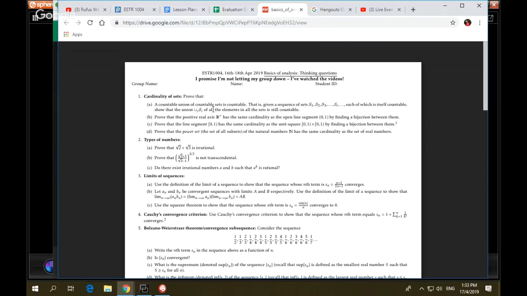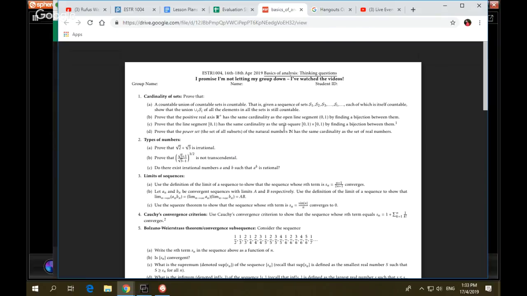to prove that this is countable, and notice that this is a non-trivial question, because if you look at question number D, here you're looking at the power set of all the natural numbers, and here we want to show that this set is in fact uncountable, right? Because the power set is a subset of integers.